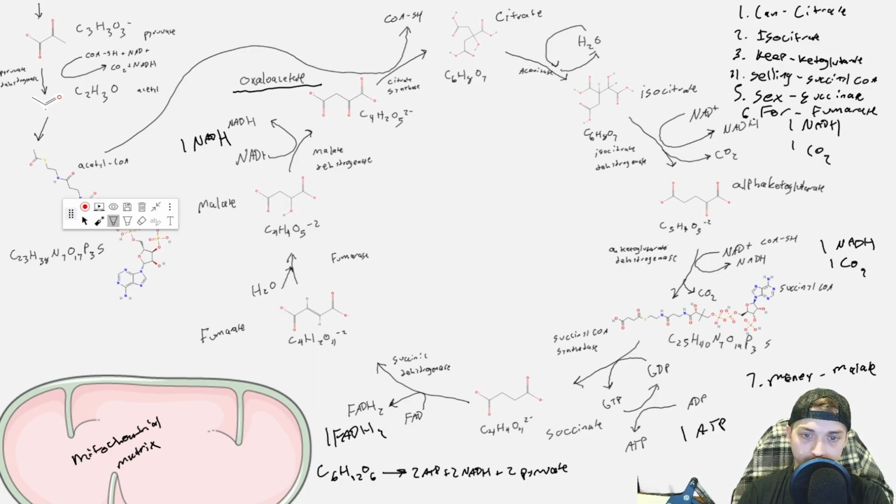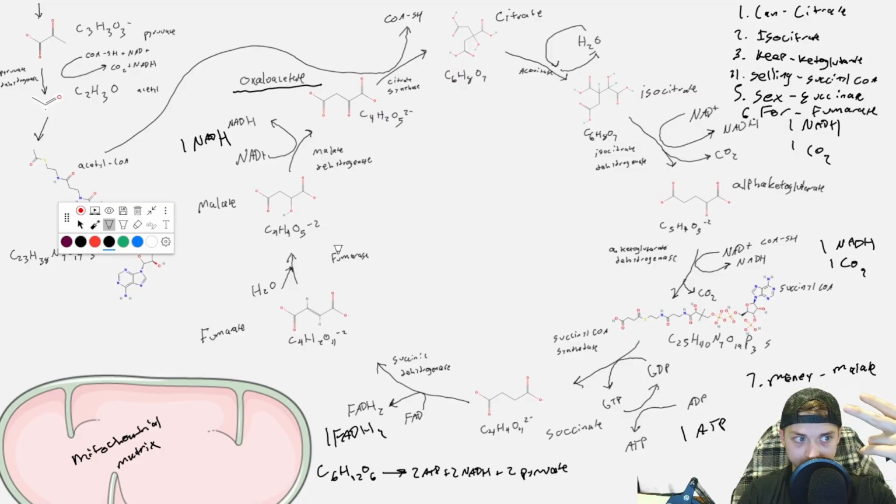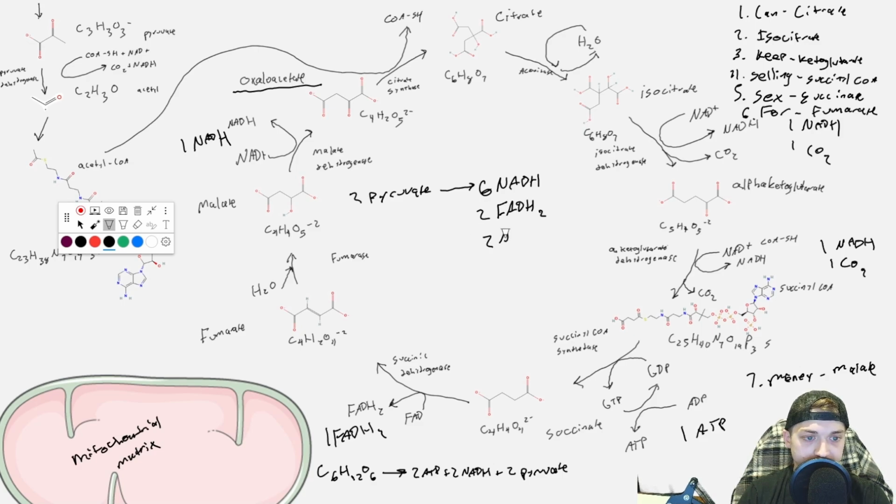So for those who are back home keeping track, remember this entire process happens twice. Okay, so we are going to take 2 pyruvate. They're going to react together in the mitochondrial matrix, and as payoff, we're going to get 6 NADH, 2 FADH2, 2 ATP, and then 4 carbon dioxides.